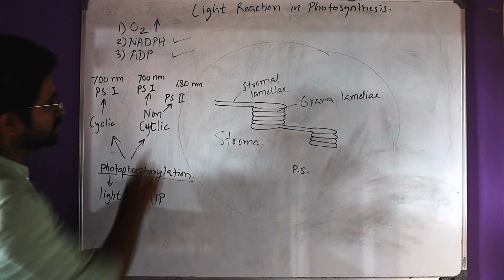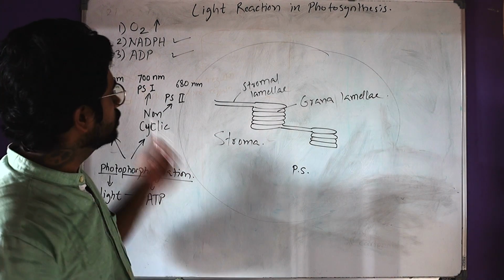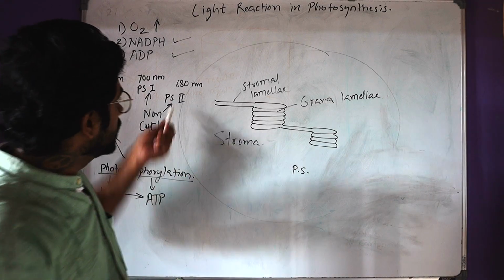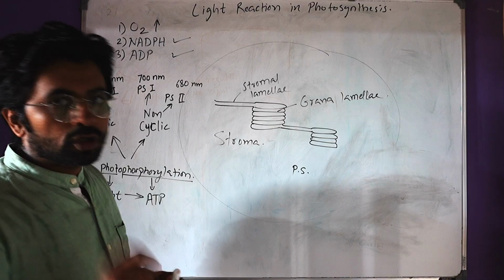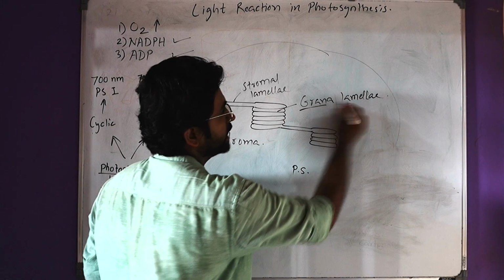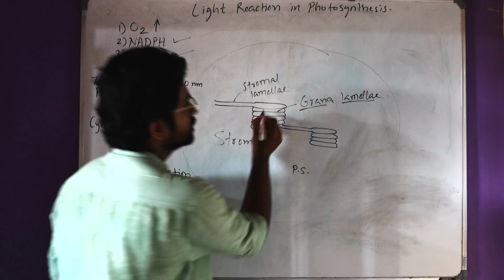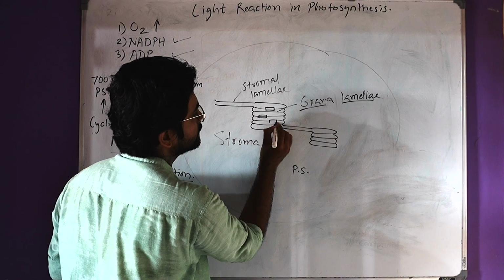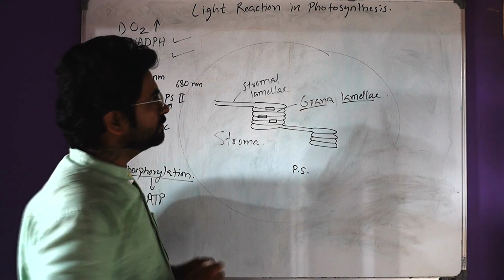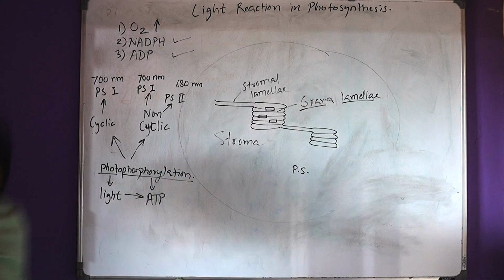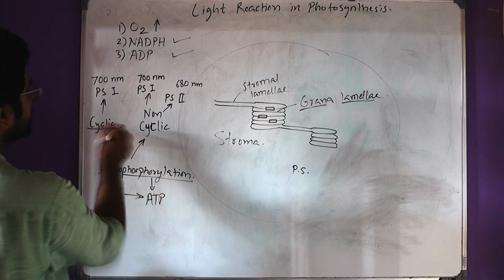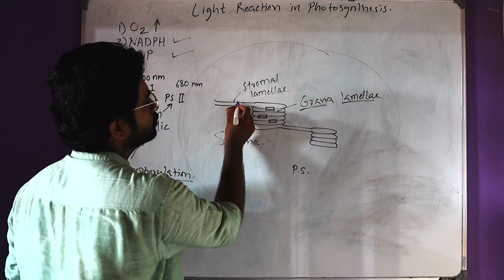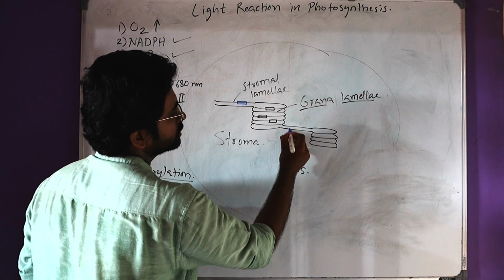Pay attention. Non-cyclic photophosphorylation has PS1 and PS2, so it occurs on grana lamellae. So it occurs here, it occurs here. But if we are talking about cyclic, the cyclic occurs on stroma lamellae. So it may occur here, it may occur here.